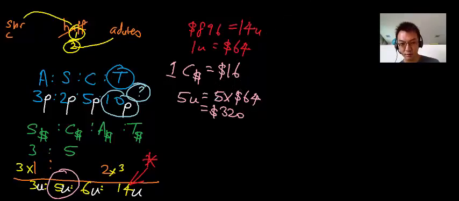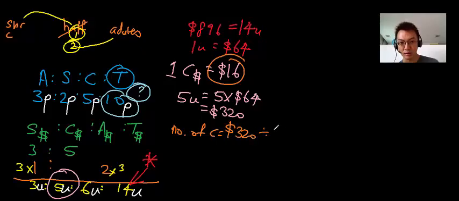And so let's continue. So number of children, because we know the price of each child's ticket, so we can just take 320 divided by $16, and using my calculator I know it's 20. So we are moving on because this is actually the number of people.